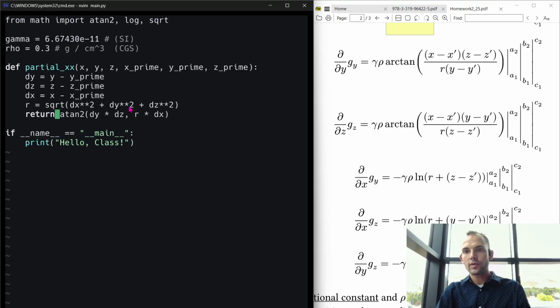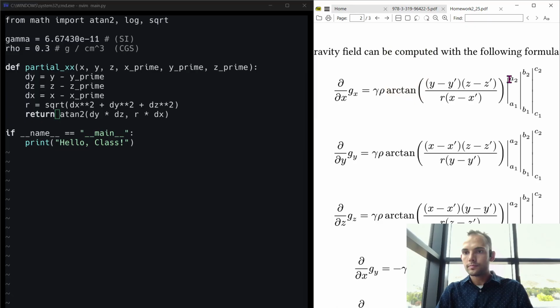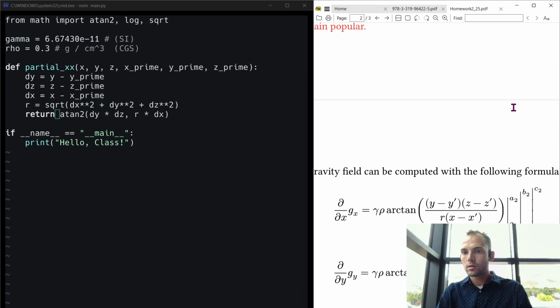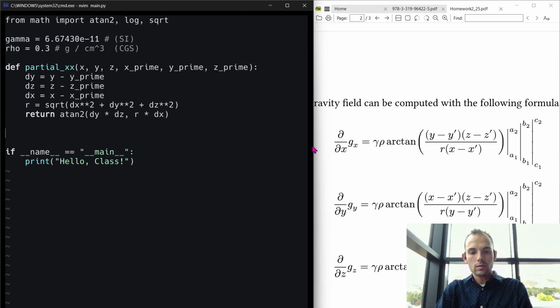Now, the partial of x needs to be evaluated at A2 and A1 for the x values, B2 and B1 for the y values, and C2 and C1 for the z values. So we can do that here.